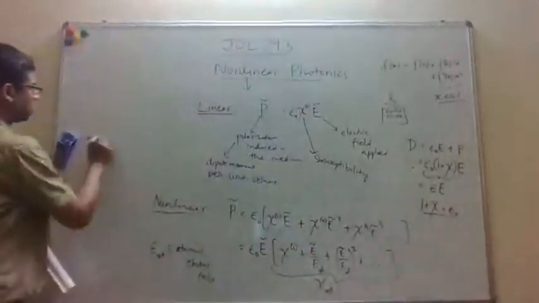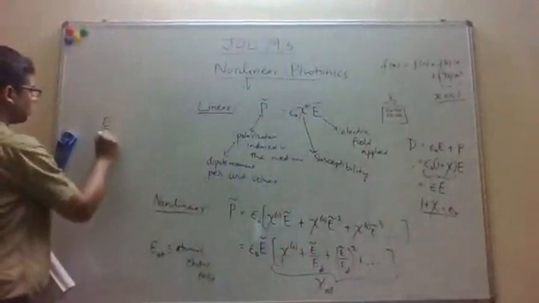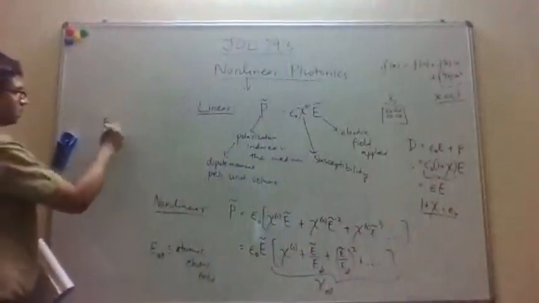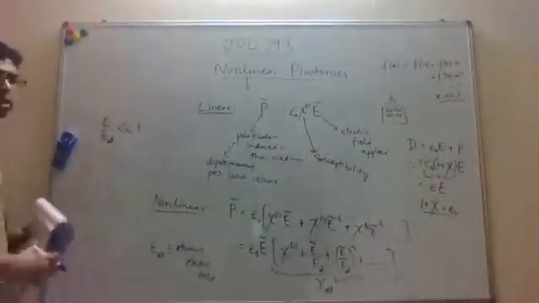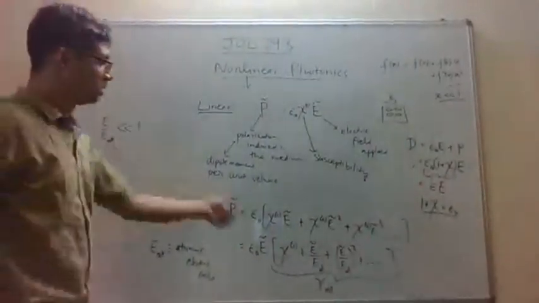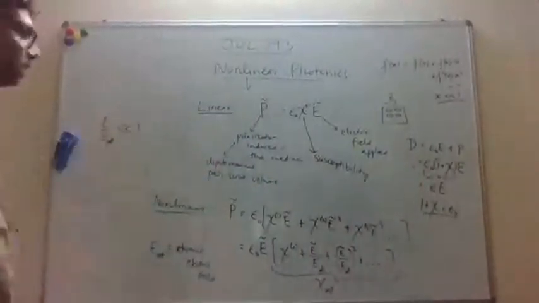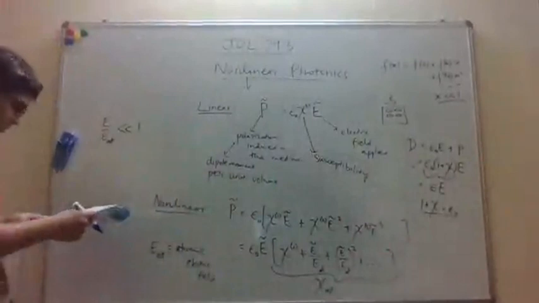So in the case when an applied electric field from the optical wave is much smaller compared to the atomic electric field, we can use this Taylor series kind of expansion. Right?